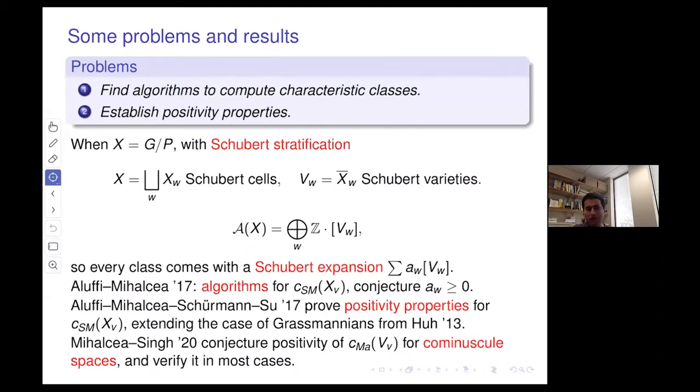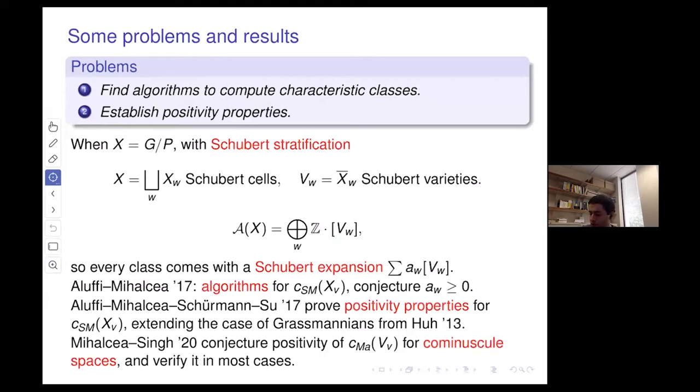What you would like is, you take one of these CSM or Chern-Mather classes, you express it as a linear combination with respect to this natural basis, and then you want to understand the coefficients and whether they're positive or not, right?